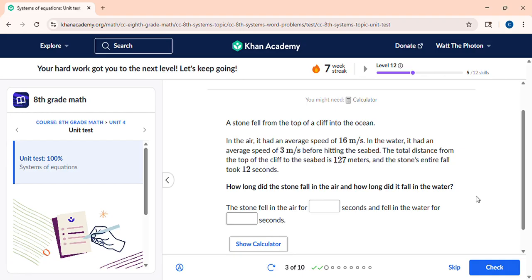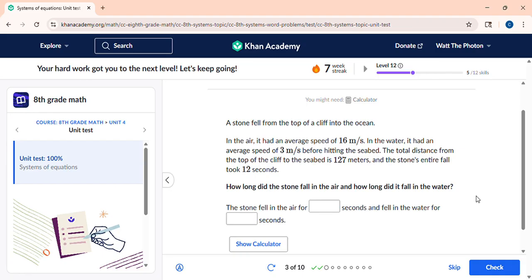Okay, so let's have 16 plus 3 plus 3. Now we'll divide that by 3. I have 127 divided by this number is equal to 70. So it's going to be between 1 and 2. So we're going to have 127 divided by 12 is 10.583 repeating seconds.